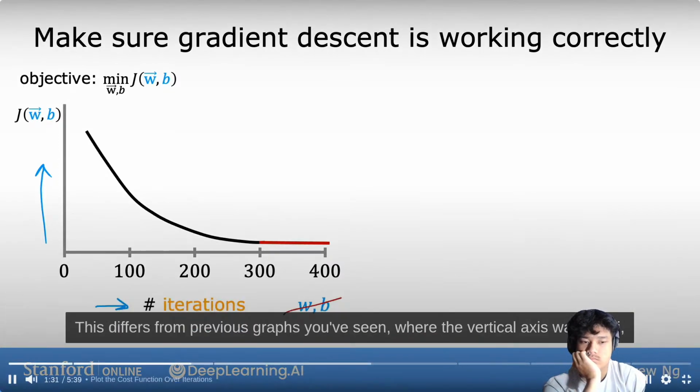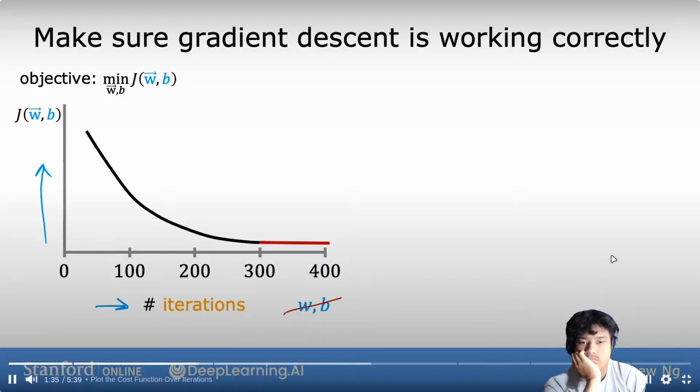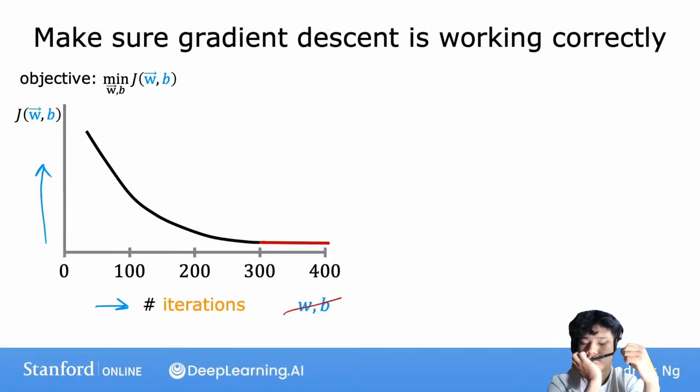This differs from previous graphs you've seen, where the vertical axis was cost j and the horizontal axis was a single parameter like w or b. This curve is also called a learning curve. Note that there are a few different types of learning curves used in machine learning, and you'll see some of the types later in this course as well.